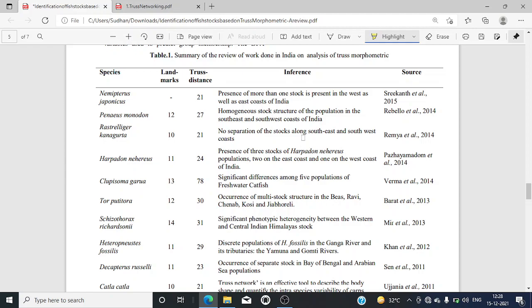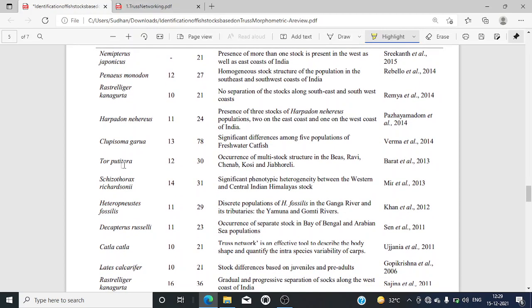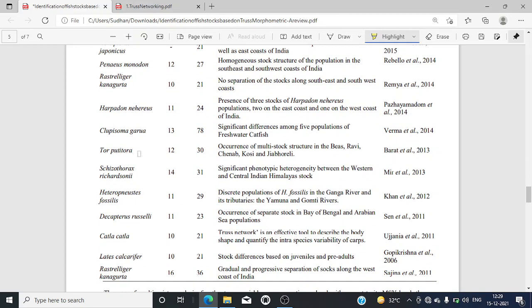For Penaeus monodon, that is giant tiger prawn, 12 landmarks have been fixed. From that, 27 truss distances have been generated. And for Rastrelliger kanagurta, Indian mackerel, and Bombay duck, that is Harpadon nehereus, and even for some of the freshwater fishes, like Catla, and sea bass, that is Lates calcarifer, they have done.